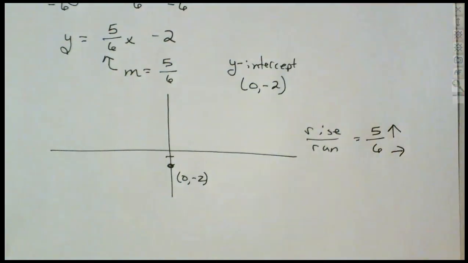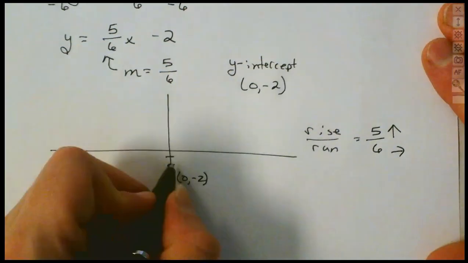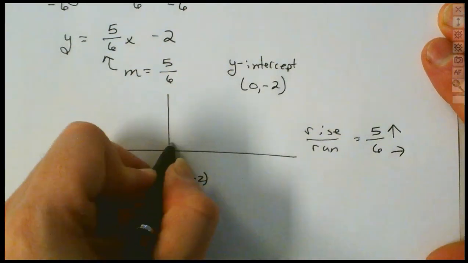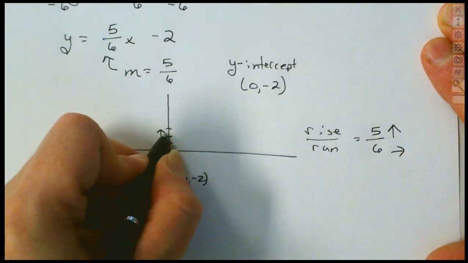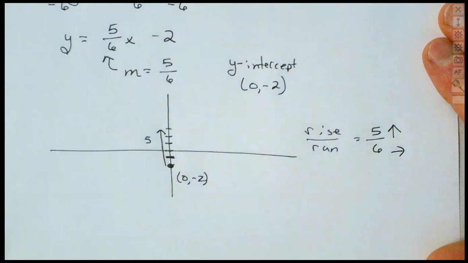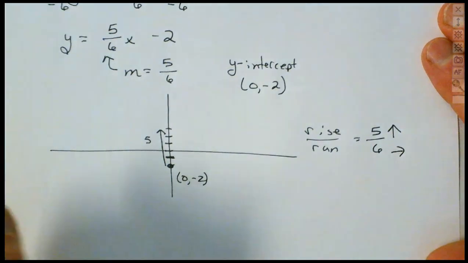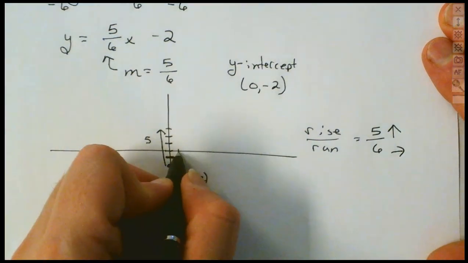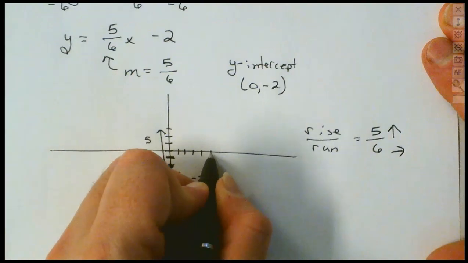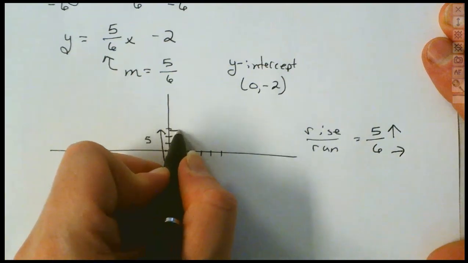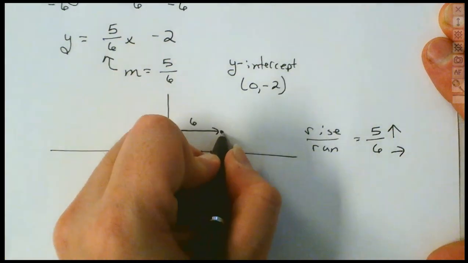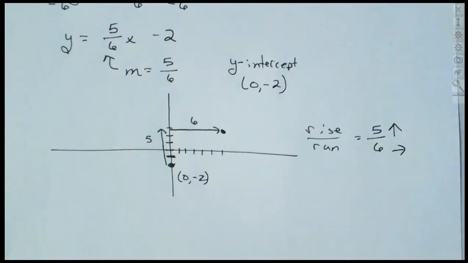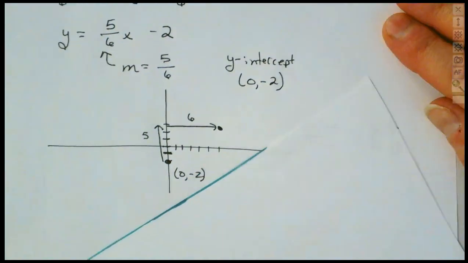Take your time and make your triangle. So we're going to go up 5 from our point. So 1, 2, 3, 4, 5. So we went 5 units up, and then we're going to go 6 units over. 1, 2, 3, 4, 5, 6 units over. Make our dot, and then we connect them together.